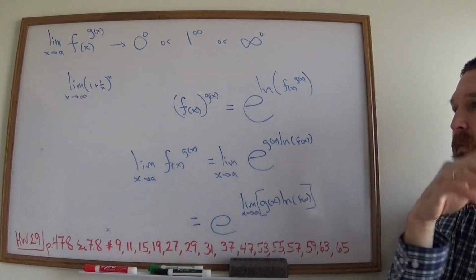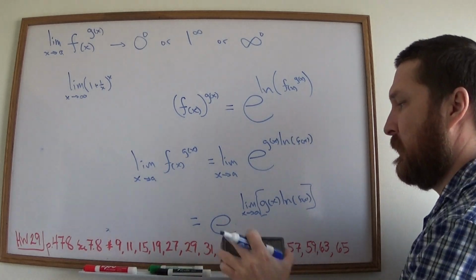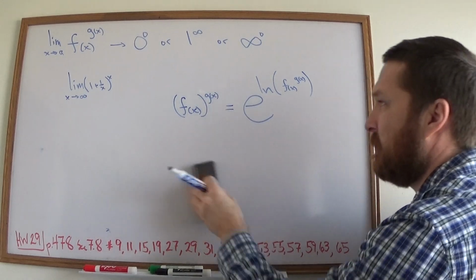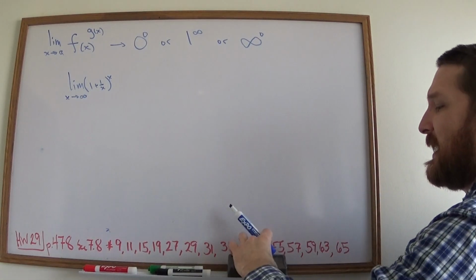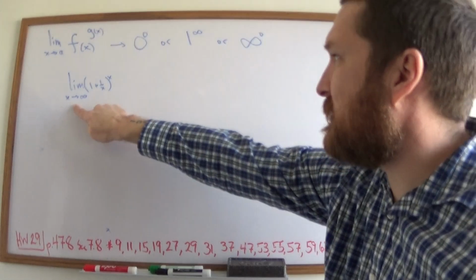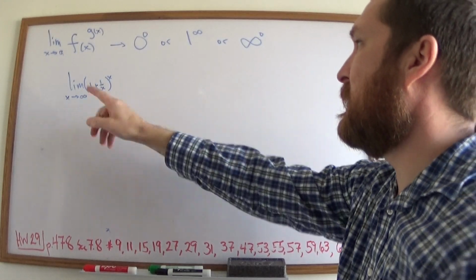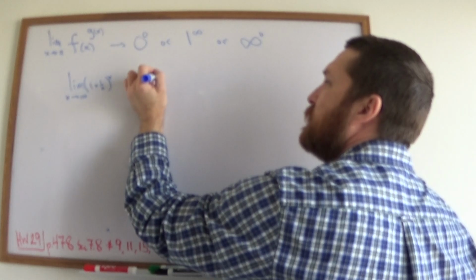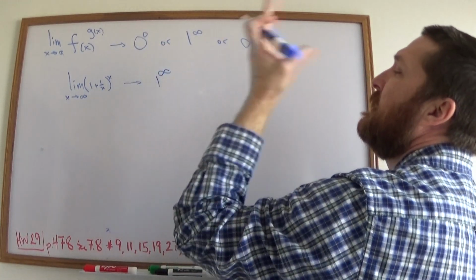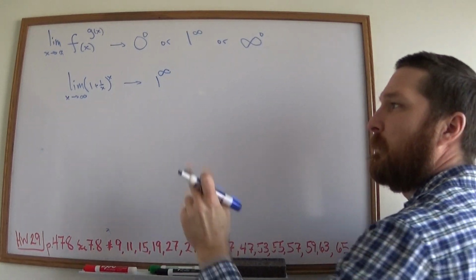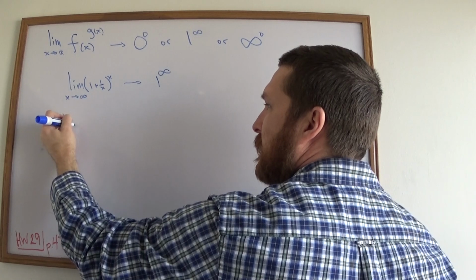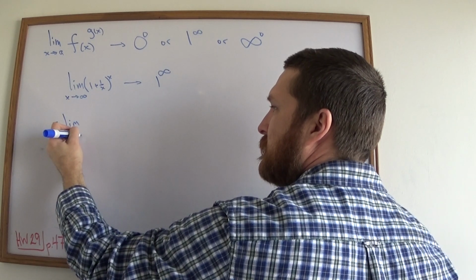Okay. So let's do this one here. I don't remember that as a formula, I remember this as a method. I see, okay, as x goes to infinity, this goes to 1 to the infinity. Is that one of these three? Yes, and so this should work. I'm going to say this is the same thing as the limit as x goes to infinity.